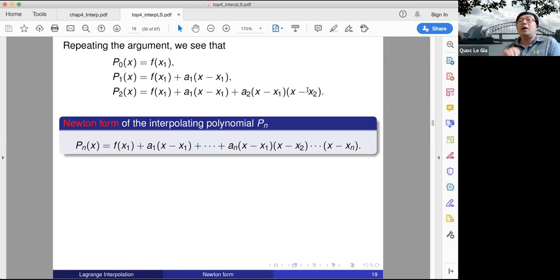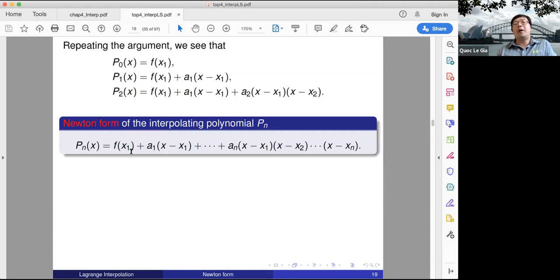Okay, so in general, for n plus 1 points, you can write out Pn in this form, just by the definition of Pn. Okay, and this one is the Newton form.